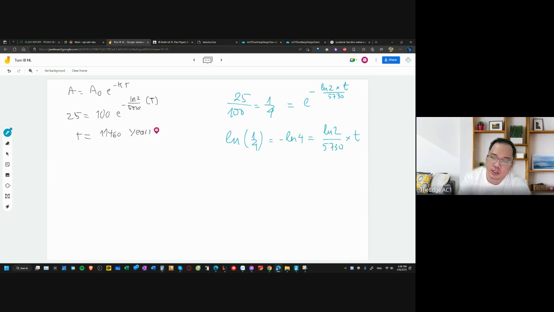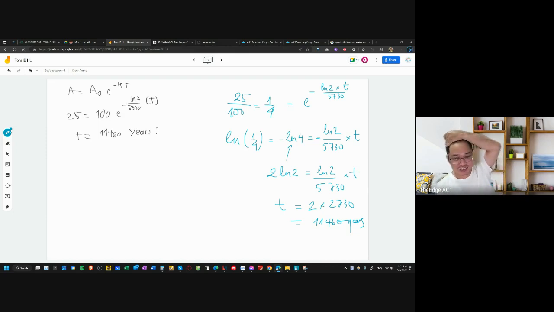Minus ln 4 is minus 2 times ln 2, so 2 ln 2 equals ln 2 over 5,730 multiplied by the time. So the time is 2 times 5,730, which is that value. In physics, we just need to say it takes 2 half-lives. Okay, that's it.